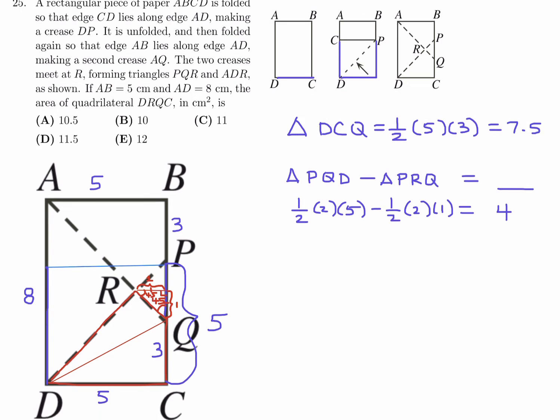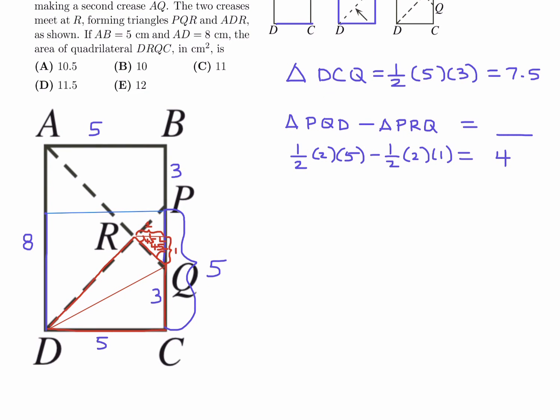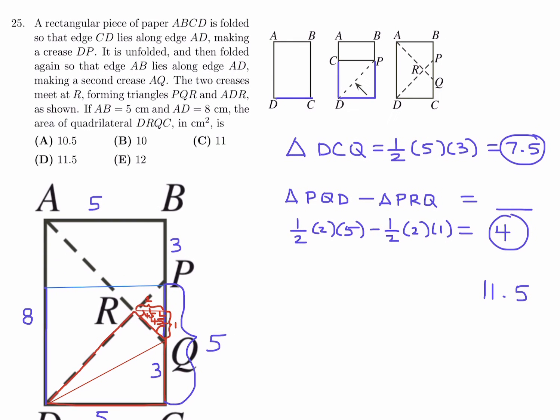So now to figure out the quadrilateral DRQ, I just have to add this, and if I do, I get 11.5. And therefore, the answer to number 25 is D.